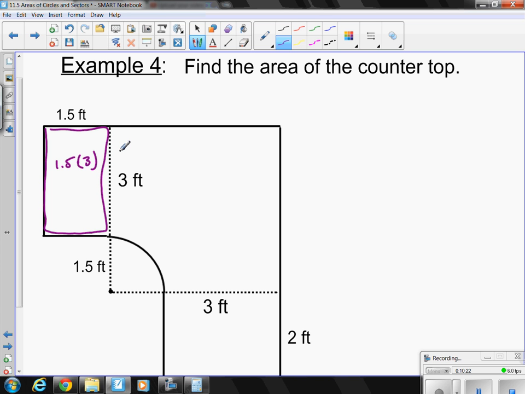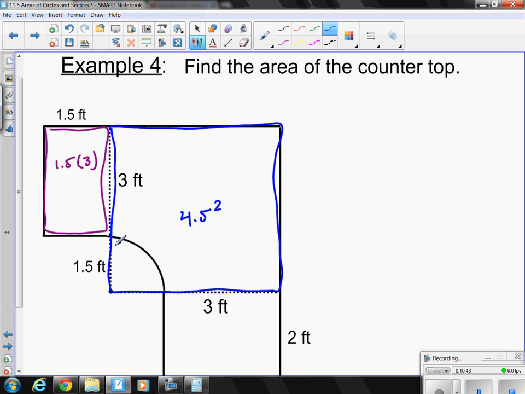Excuse me, this must be 3. Okay, and then I'm going to find the area of this piece. Notice that's bigger than the actual countertop, but if this is 3 and this is 1.5, it's going to be 4.5, and it's a square, so I can just square it.